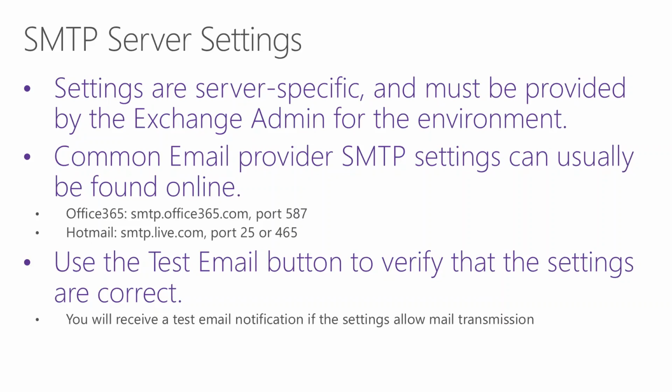The common email provider SMTP settings can usually be found online, so if you use Office 365, I've given you the information there for the SMTP information that you'd need in that setup window, and if you use Hotmail, that's the port and everything that's necessary for that as well. Use the test email button to verify that the settings are correct. The buttons that I pointed out at the top of the window are ones that you'll definitely want to use. They will indicate whether or not that setup is going to work for you before you get to the point of doing your testing.